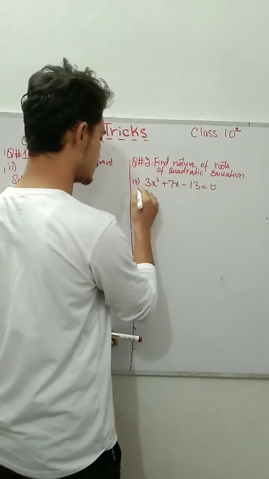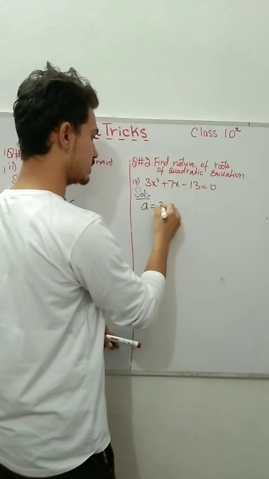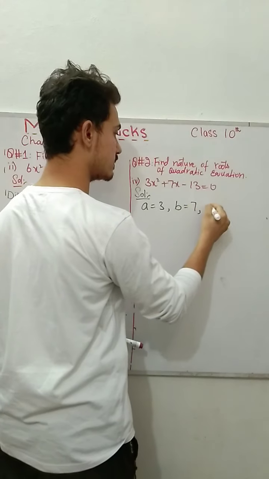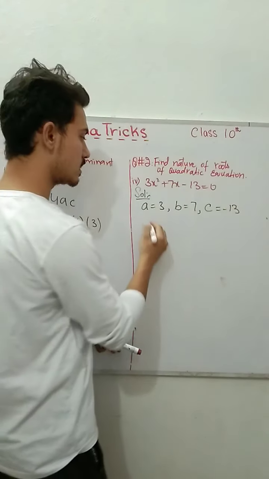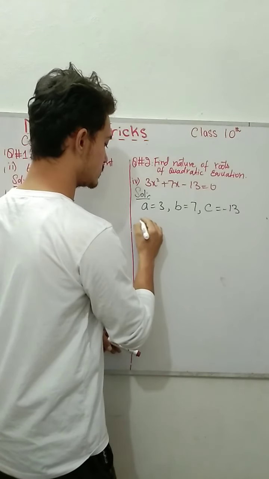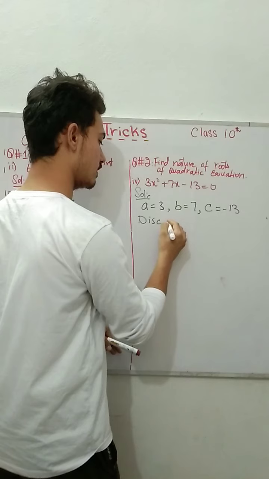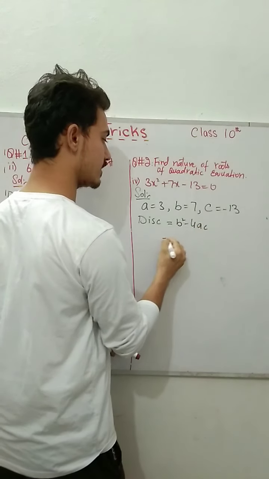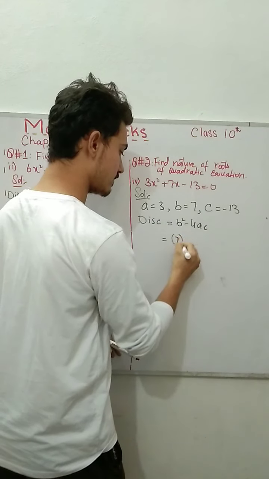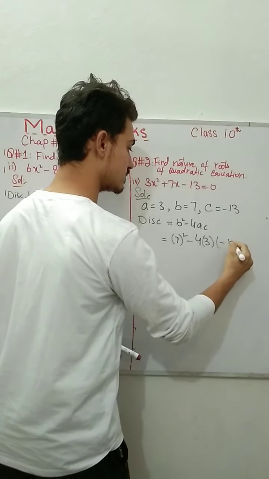Okay, solution. I have a equals 3, b equals 7, c equals minus 13. I need to find the nature of the roots using the discriminant, which is b square minus 4ac. Just put the values. b square means 7 square minus 4 into a is 3, c is minus 13.